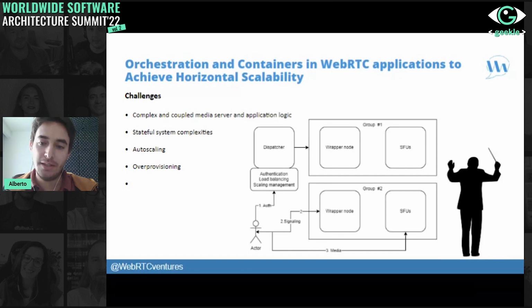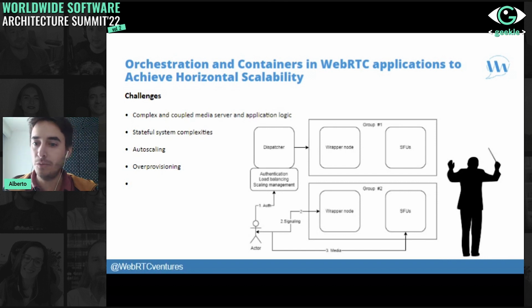And by signaling, I mean it could be just WebSocket communication exchanging messages, like saying, okay, I'm going to join this session. These are my parameters or my permissions for the session. Maybe some users are allowed to do some specific stuff and others aren't. So that's what would happen in the wrapper node.